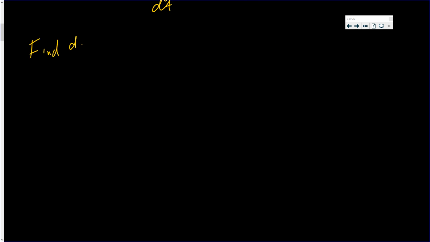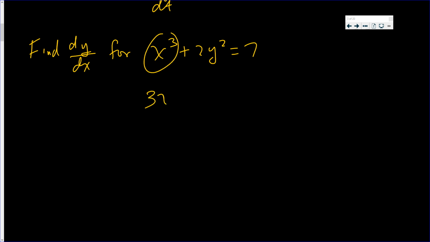Now I want you to find dy/dx for this function: x cubed plus 2y squared equals 7. The derivative of x cubed is 3x squared. It's in terms of x, and we are taking the derivative with respect to x.